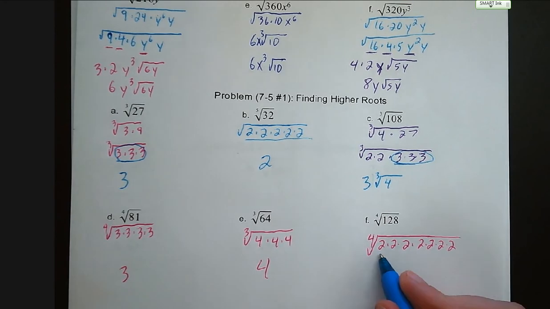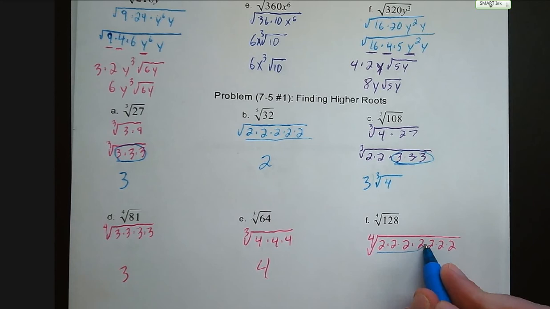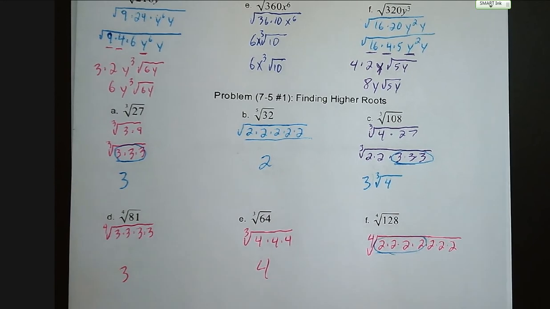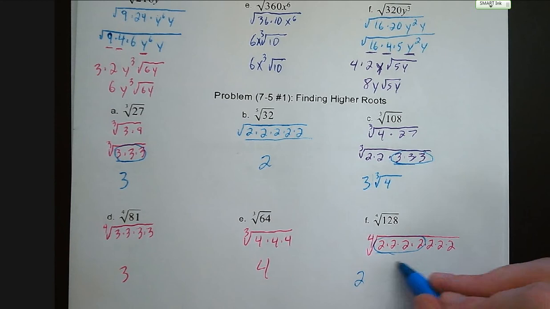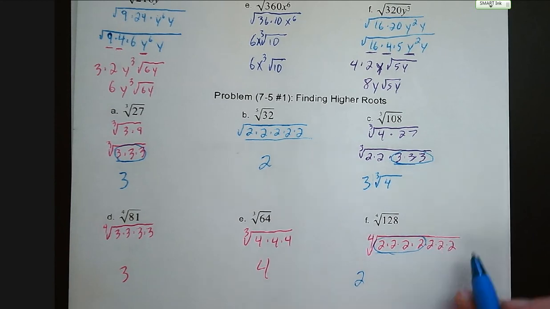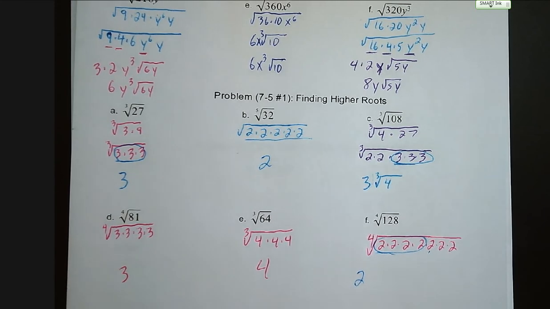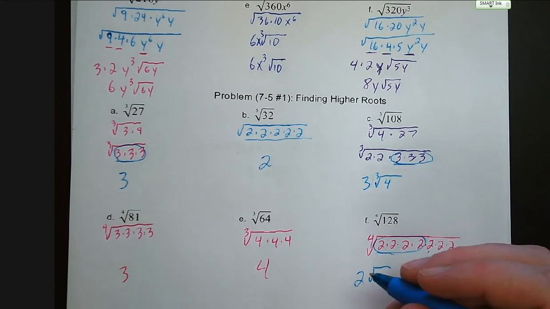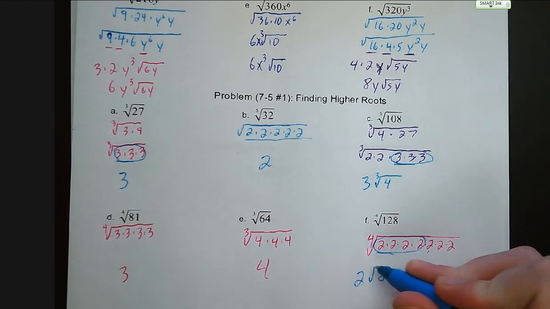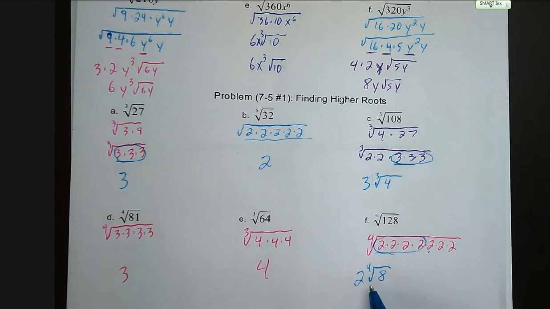So 1, 2, 3, 4 2's can come out of our radical. So the 4th root of 16 would be 2. 1, 2, 3 left, so I don't have enough to take out another root, so it's just going to stay underneath the radical. 2 times 2 times 2 is 8. Don't forget to include the index on it. Okay?